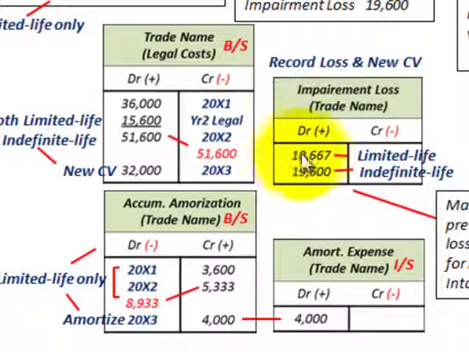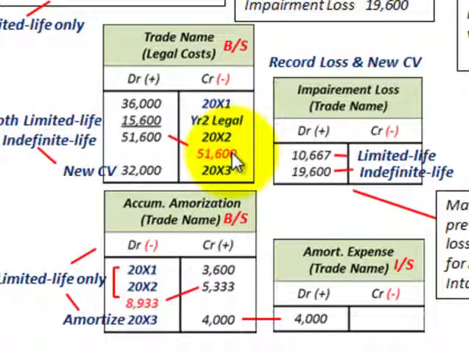Let's just say we've got a debit of $10,667, and then we've got this debit amount on our trade name, the new carrying value of $32,000, and then the debit amount that we closed out in accumulated amortization of $8,933. So you sum those up, and it balances with our credit amount, closing out our impairment on this capitalized amount of $51,600.